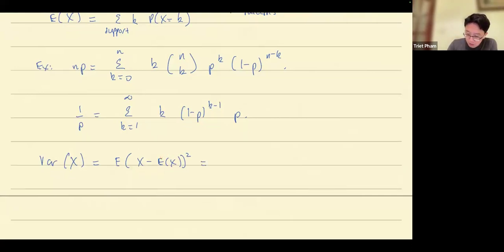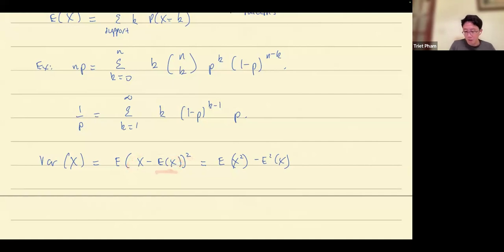But if you expand the expression, you can also end up with this. So one expression, let's say this one, is more like a conceptual definition. It's the mean square error of the random variable away from the mean.